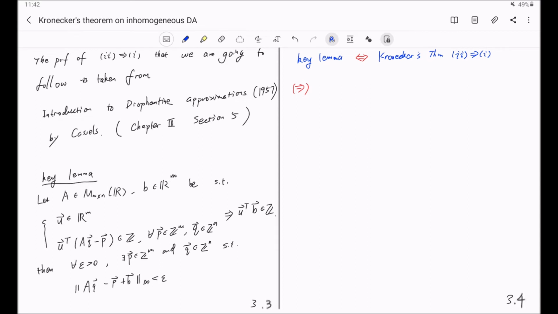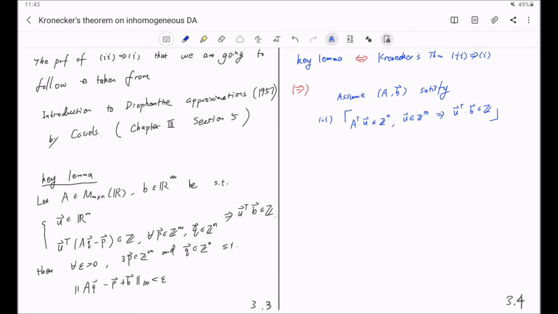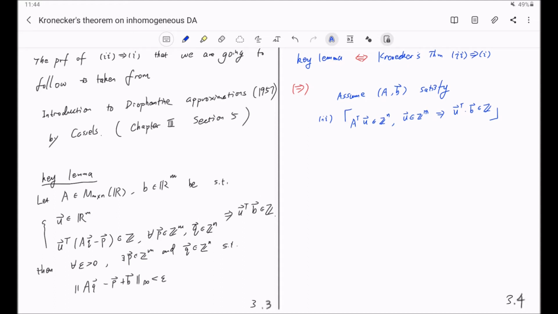Okay, now let's first prove the forward direction. We're going to assume that the pair A and B satisfy the statement number 2 of the Kronecker theorem. And we assume that the key lemma is already proved. In order to use the key lemma, we need this assumption. And to this end, we need to assume this part holds.